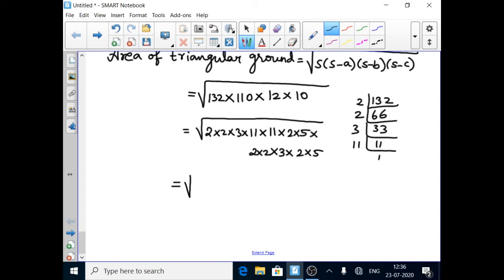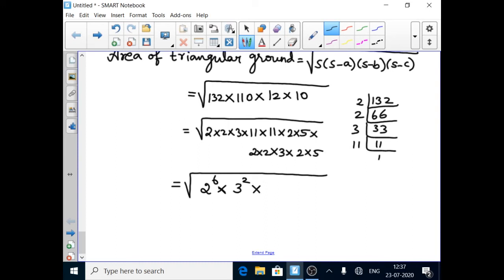So what do you want to do? You can split each two. We can take each two terms, you can take out one term. So 2, 3, 4, 5, 6 terms of 2 are there. So 2 power 6 into 3. 3 we have 2 terms, so 3 square.